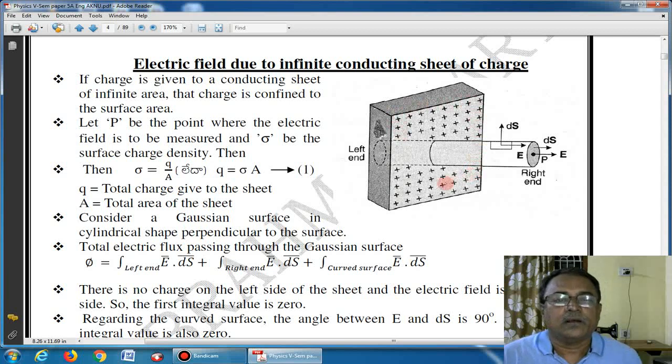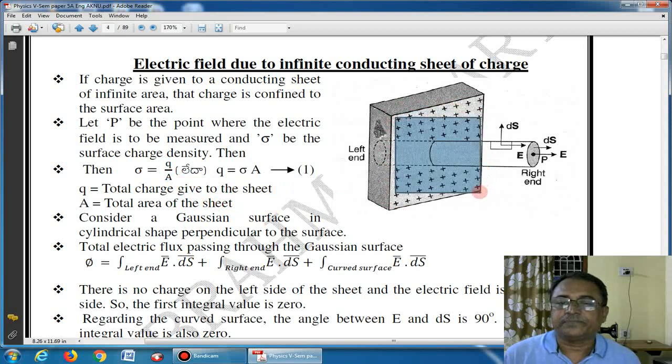Here we have to know what is the surface charge density. I have already told you the surface charge density sigma is equal to Q by A. Q is the total charge given to the plate and A is the surface area of the plate. Surface area means this surface, where the charge is confined.